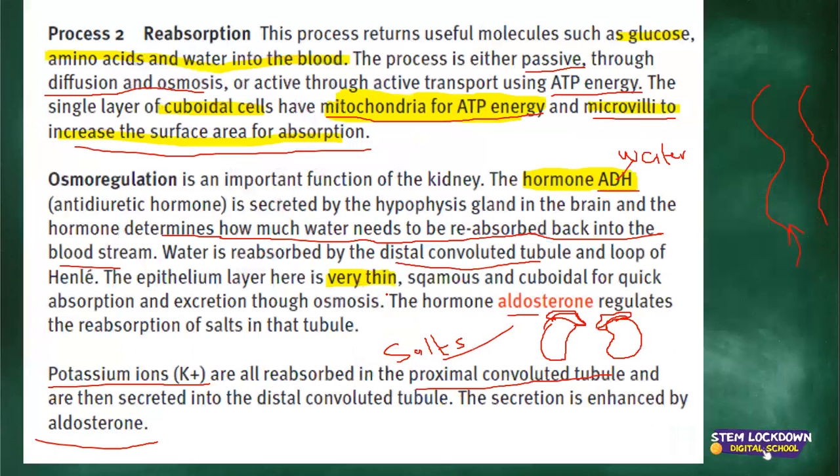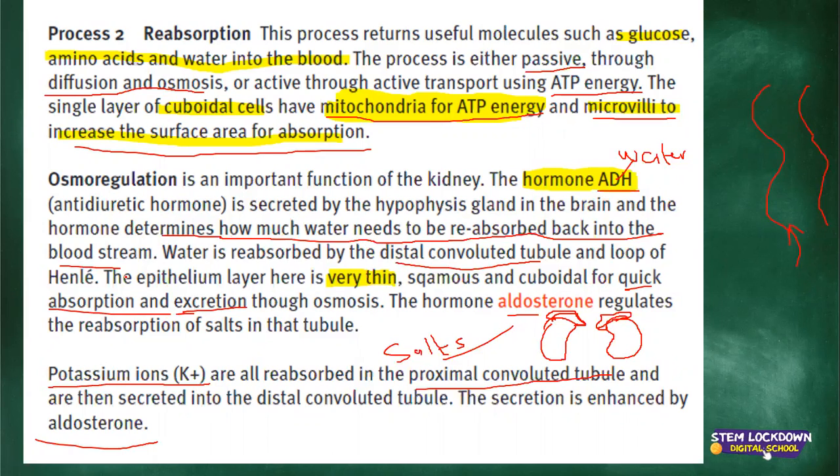Remember, I always emphasize form fits function. The structure is always designed in such a way that it will aid in the functioning. So it is like this so that it can allow for quick absorption and excretion. That is why the structure is like that. So we will further discuss osmoregulation step by step.